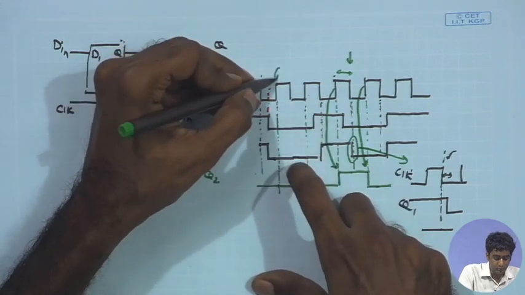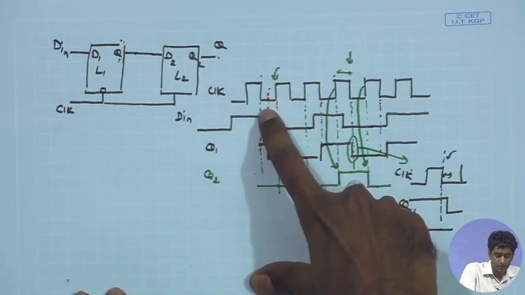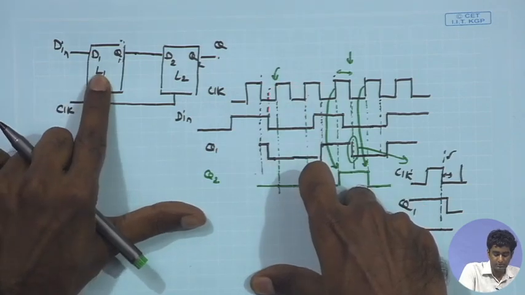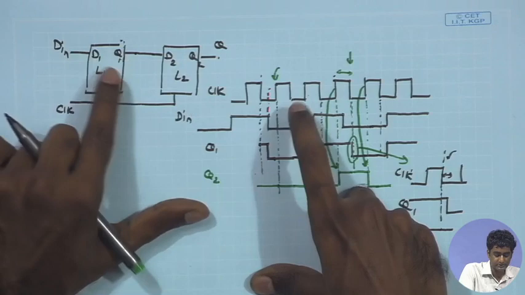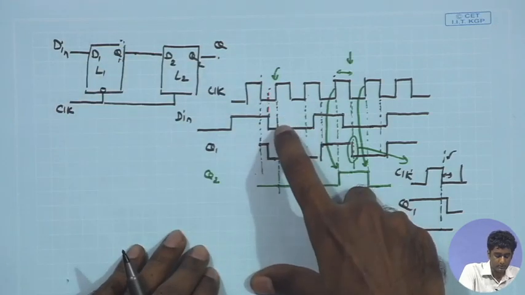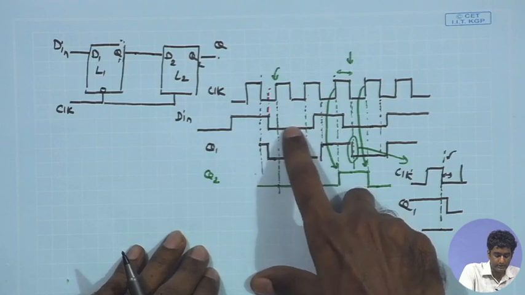And just before the clock makes a 0 to high transition, L1 loses transparency and becomes opaque, and therefore, just before the positive edge of the clock, it holds the data, latches the data.